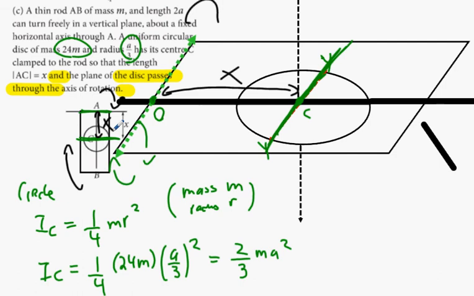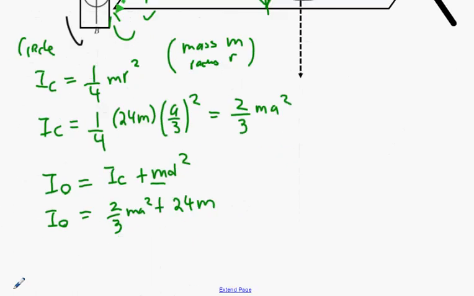It's x. Sorry, just a lot of writing there, you're right, it's a bit confusing. The distance from my axis of rotation in red to the center of the circle, the diameter axis, is going to be x. Okay. It's a tough one.